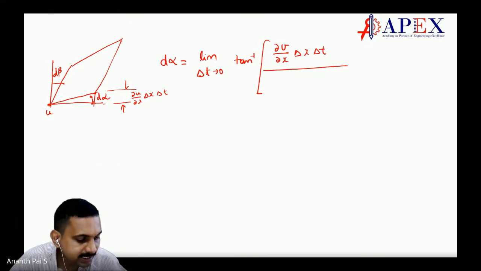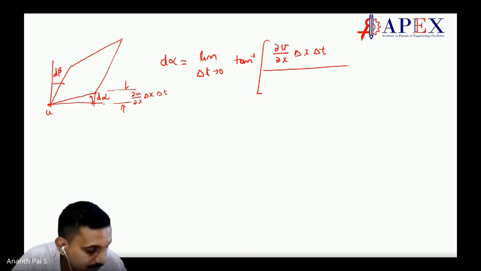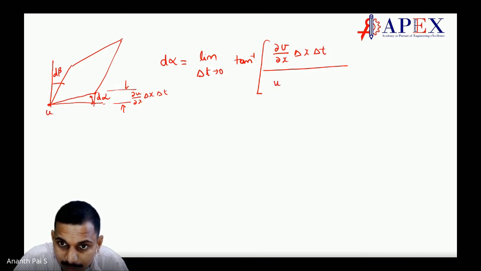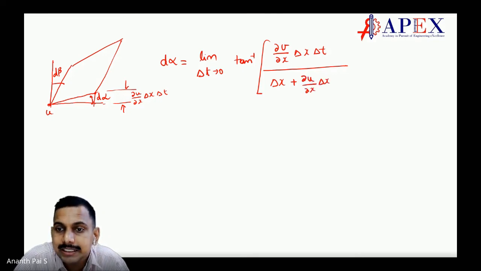So if you consider that, it would be delta x plus dou u by dou x of delta x into delta t.